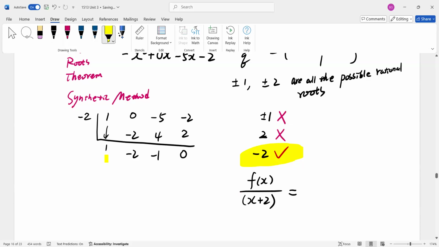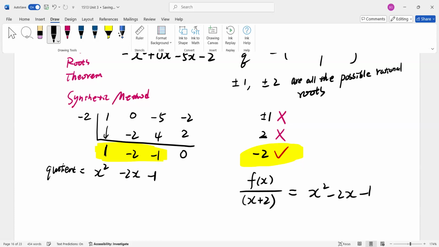Quotient is going to be here: 1, -2, -1, so I go backwards. Do the constant first, and to the left, -2 is going to be degree 1, and then the first one is 1x squared. So the quotient is x squared minus 2x minus 1.